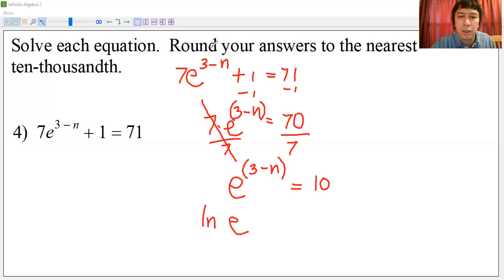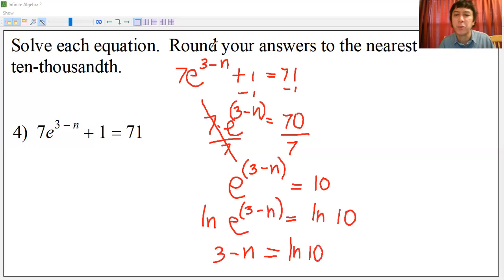Ln of e raised to 3 minus n is equal to ln of 10. The left side now will be reduced to 3 minus n, and the right side will still be ln of 10. The right side is now numeric, a real number now.